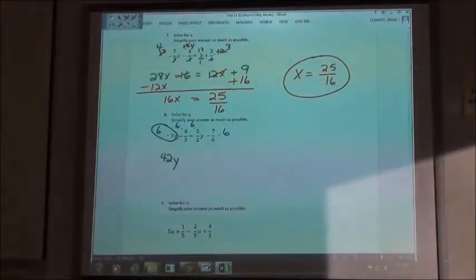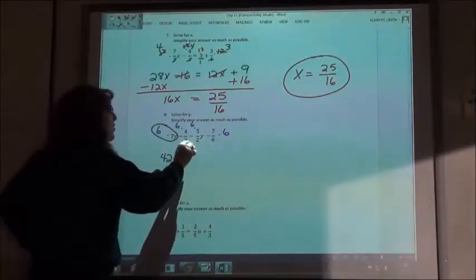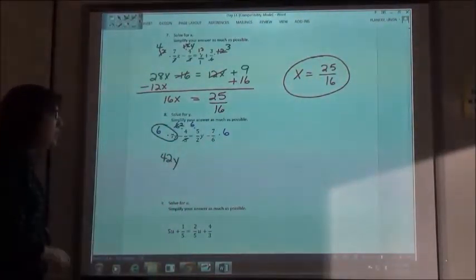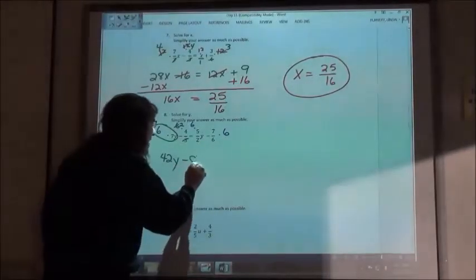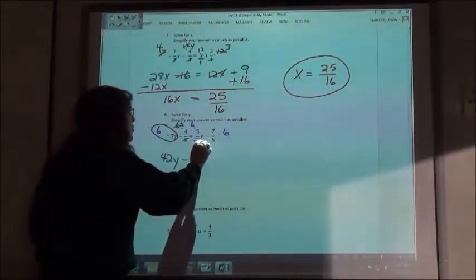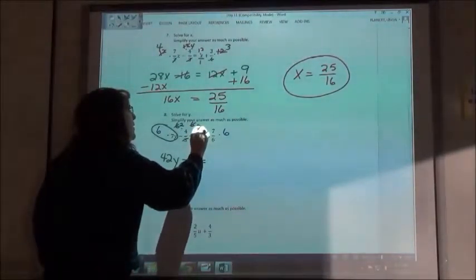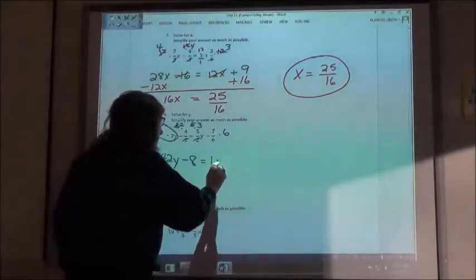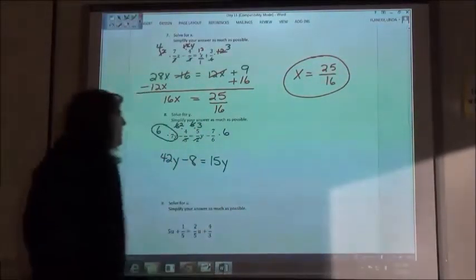On the fractions, we should be able to cancel. 3 goes into 6 2 times. 2 times 4 is 8. So we have a -8. Notice that sign won't change. It'll just come down. Equals 2 goes into 6 3 times. 3 times 5y is 15y.